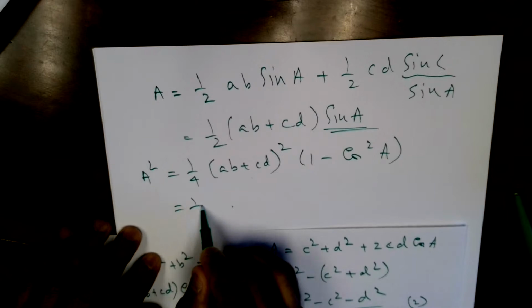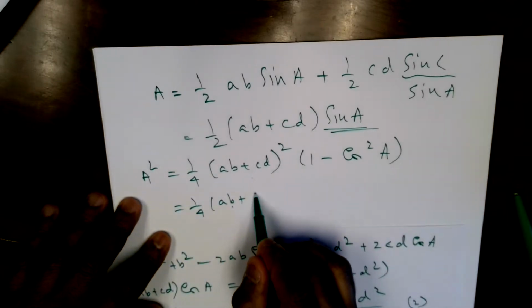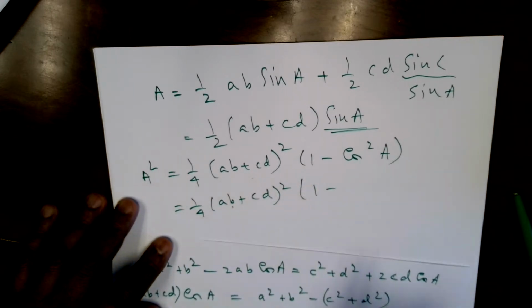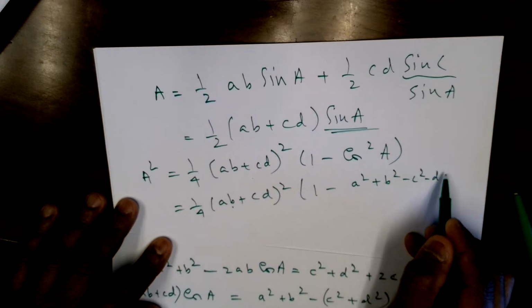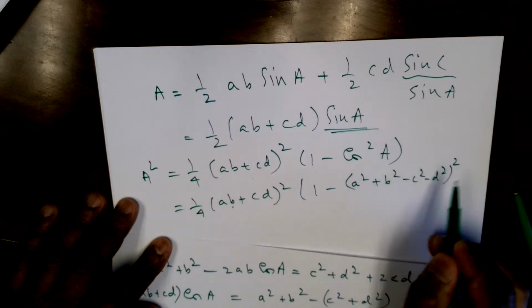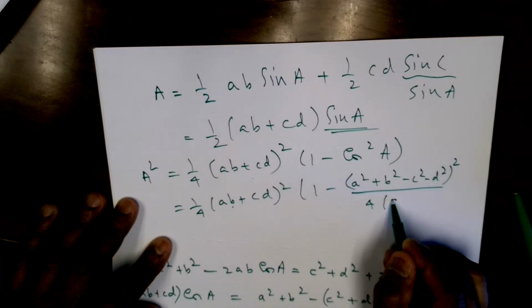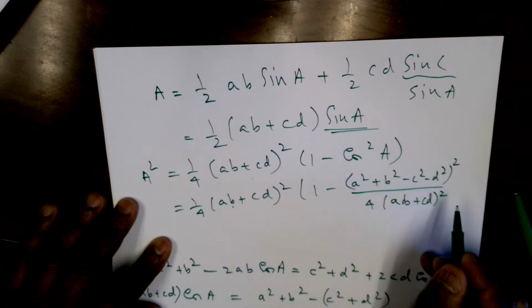So this will turn out to be 1/4 AB plus CD squared times 1 minus A squared plus B squared minus C squared minus D squared, the whole squared over 4 AB plus CD, the whole squared.